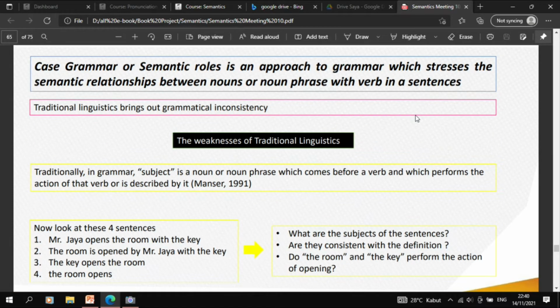As you have learned also, we use case grammar or semantic roles in order to understand the meaning, which can be quite confusing when we relate that to the grammatical or to syntax. There are a lot of grammatical inconsistencies, especially in the noun phrase.